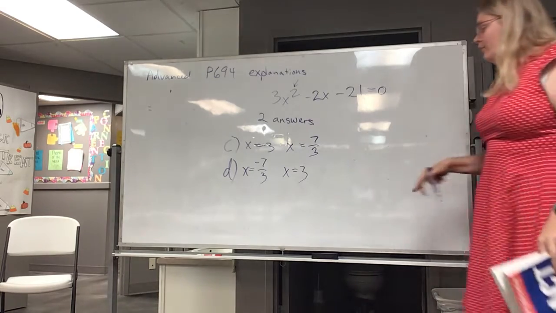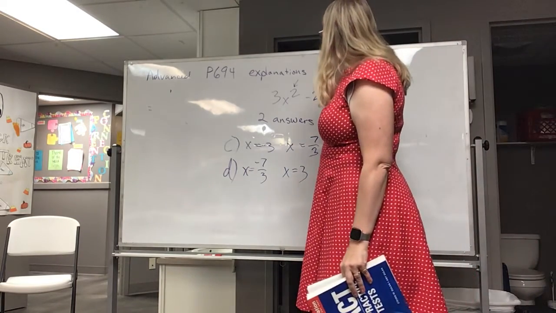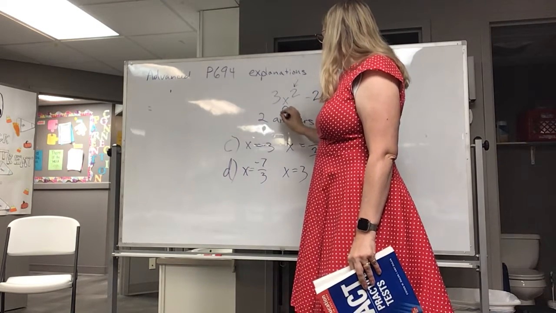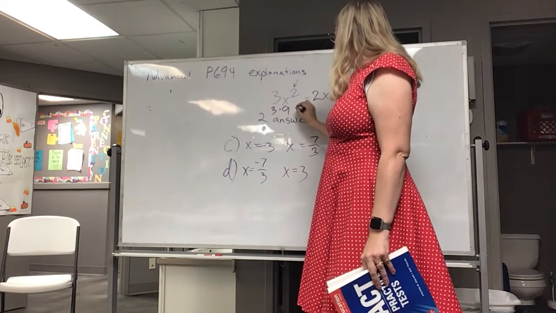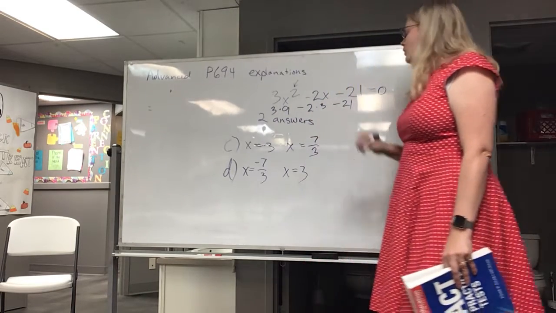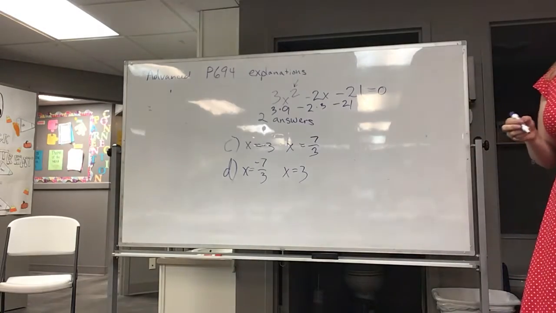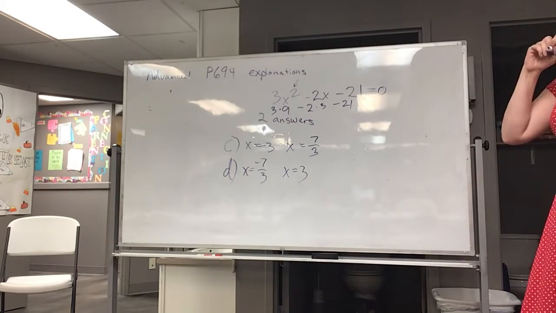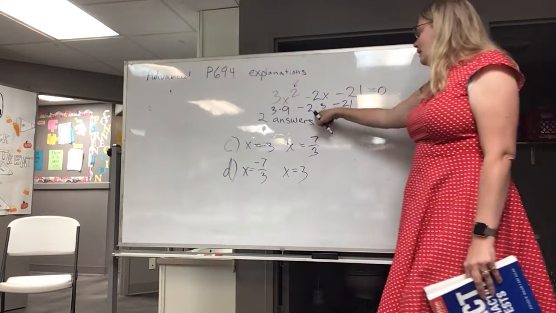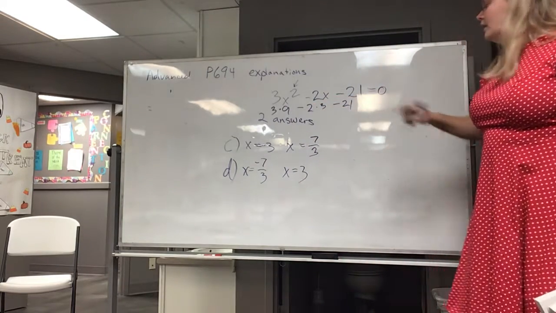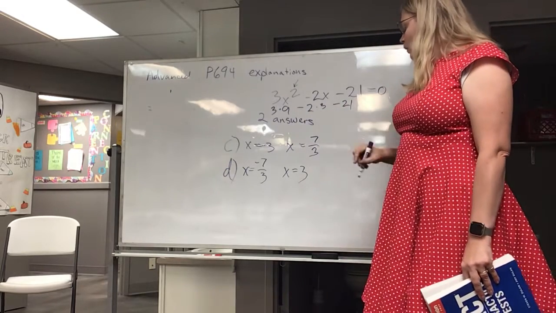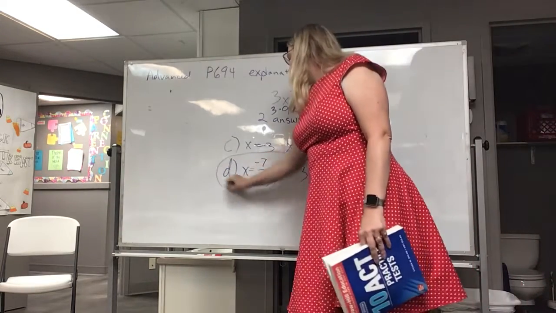If I put in 3, I'm going to get 9 times 3. I'm going to get -2 times 3 and -21. Throwing it through a calculator is perfectly fine, but in either case, I'm going to get 27 - 6 - 21 takes me back to 0. So the +3 worked. And I would go for this one.